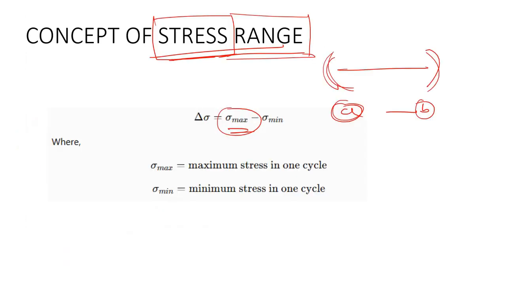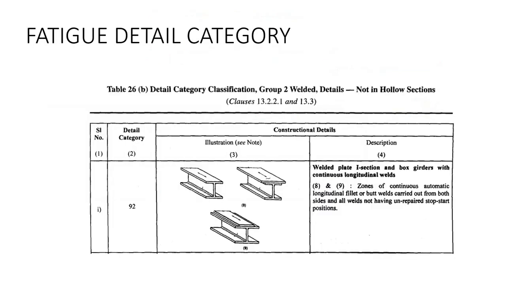That is known as stress minimum, or sigma min. If we simply take their difference, max minus min, we get the stress range. Simple concept, right?